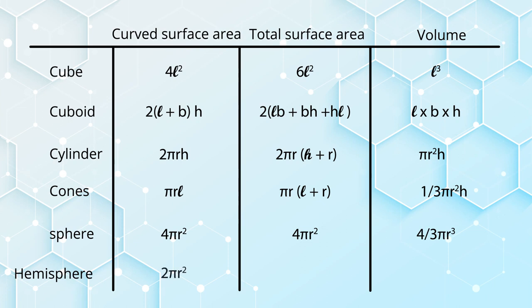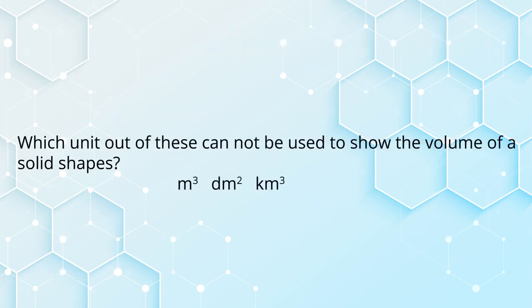Hemisphere, its curved surface area, total surface area and volume. Now tell me which unit of these cannot be used to show the volume of a solid shape. Meters cube, decimeter square, kilometer cube. We know decimeter square cannot be used to show volume.